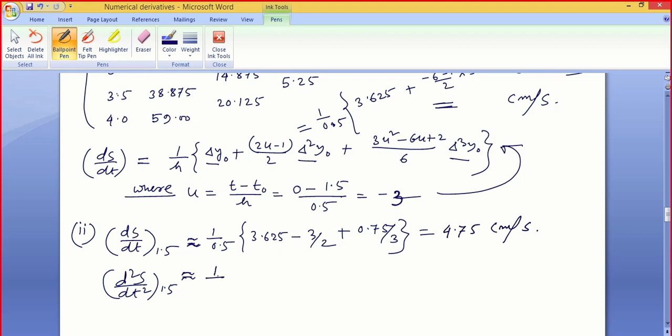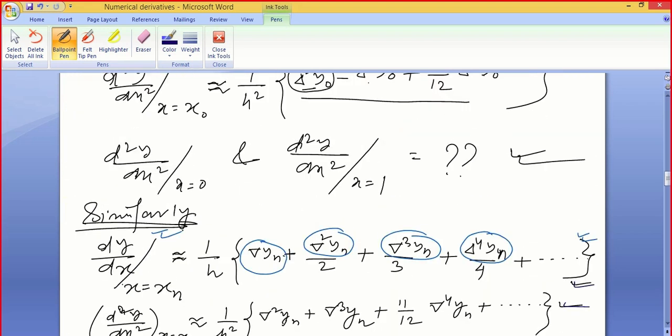What is the formula of the second derivative at initial point? Can you tell me? Have you remembered that structure? I told you at least remember 3 terms. Starting from second difference, plus third difference.